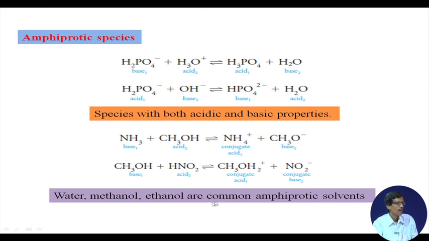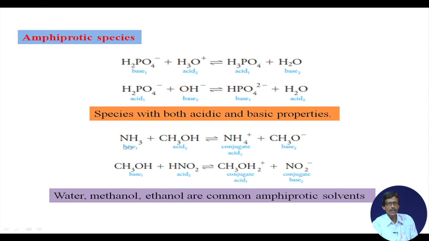When we choose a particular amphiprotic solvent to get a particular type of anions, we should be very careful about the corresponding species or anions. With respect to your methanol molecule, if we consider both methanol molecules as solvent, in one case it is functioning as an acid, in another case as a base, because of the presence of ammonia, which is a strong base compared to methanol, and nitrous acid, which is functioning as an acid.